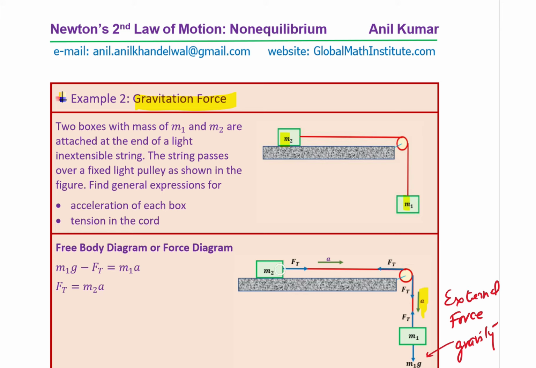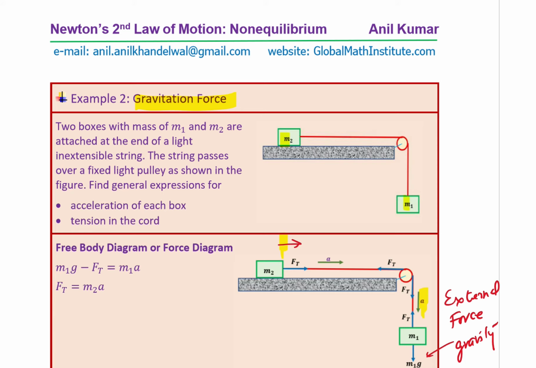Finally, this tension comes to the second object, box 2, with mass m2, and here it exerts a pull force, so it is going to pull it in the right direction. But the acceleration of the system will remain the same as given in the question, right? That's given in the question.